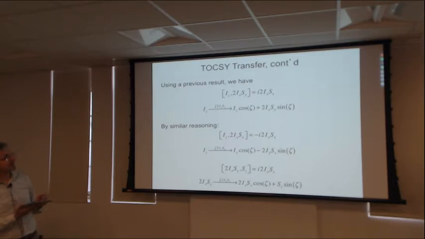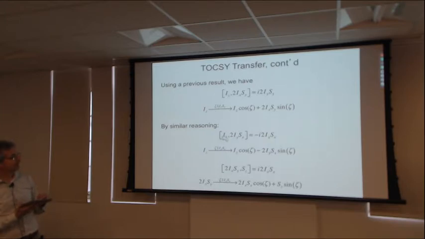I work out commutators and end up then with this evolution rule: Iz, acted on by a Hamiltonian that has the two-spin operator IySy, evolves to Iz cosine ζ plus 2IxSy sine ζ.